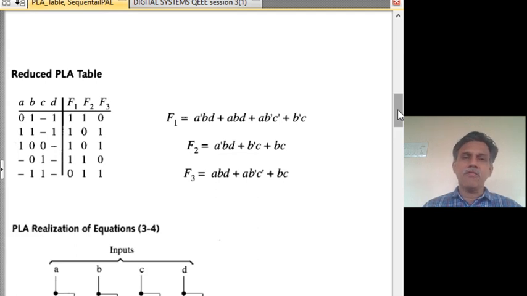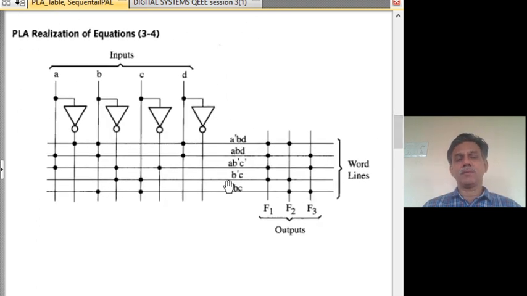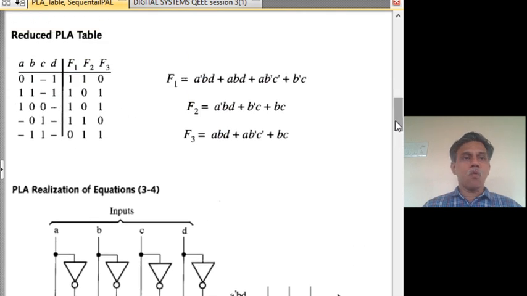Now, we need a way of representing F1, F2, F3 in this form and feeding it to a programmer to program the PLA. So we need a representation for this, and that representation is called the PLA table, where we will tell what terms are required and what terms are to be ORed to generate each function. Further, since we have gone in for a joint minimization, the number of horizontal lines will be less.